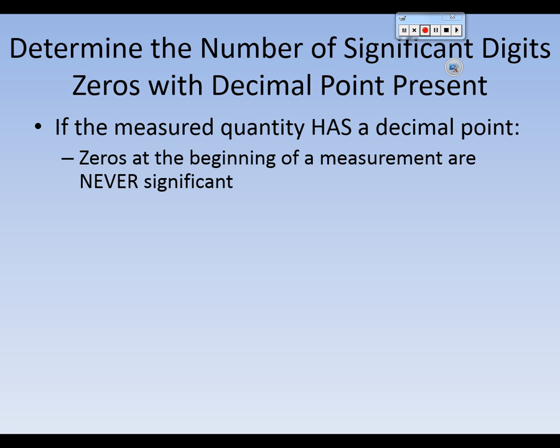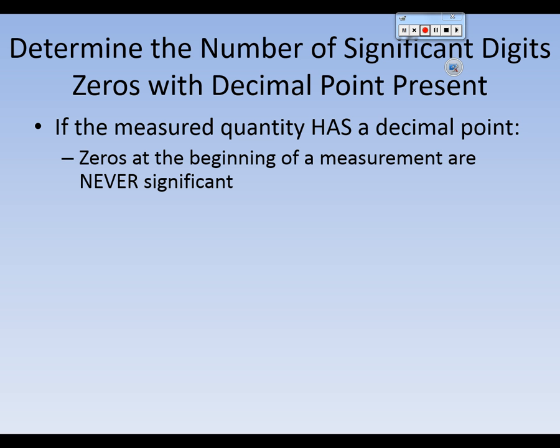First, zeros at the beginning are never significant, regardless of how many there are, whether they come before the decimal or after the decimal. If they're at the beginning of the numbers, they are never significant.